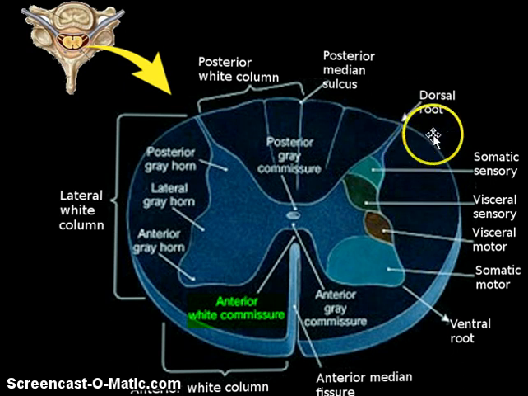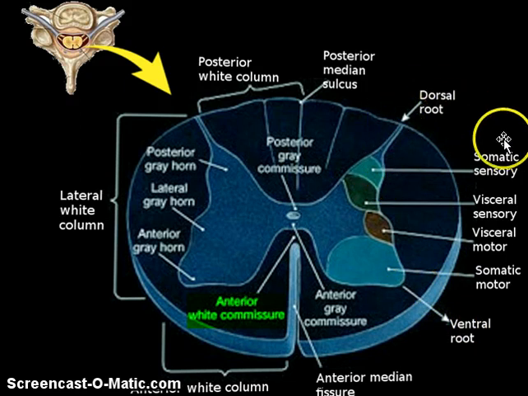The root located in the anterior portion is known as the ventral root ganglion. So these ganglions are also a group or cluster of neurons.